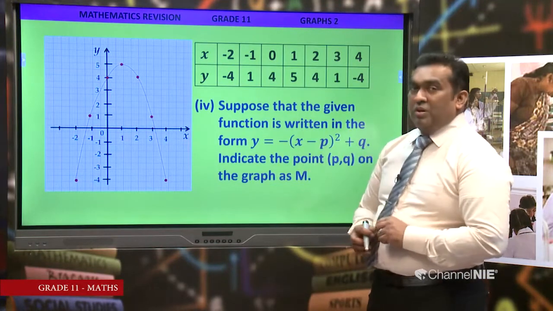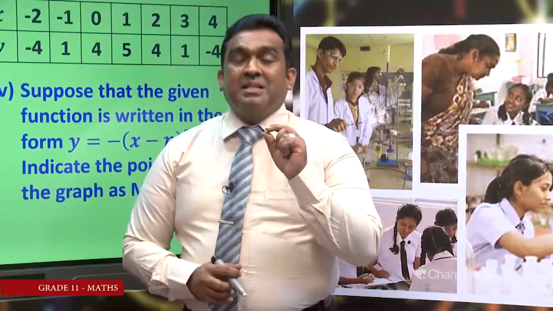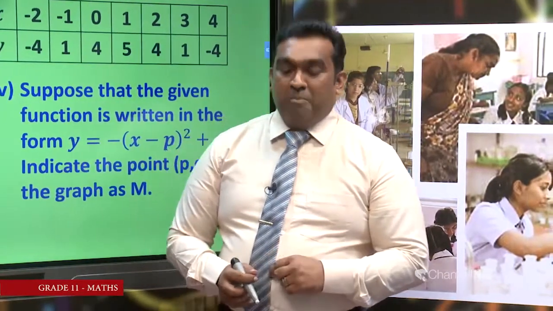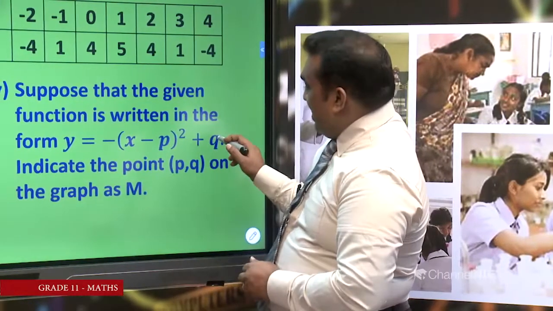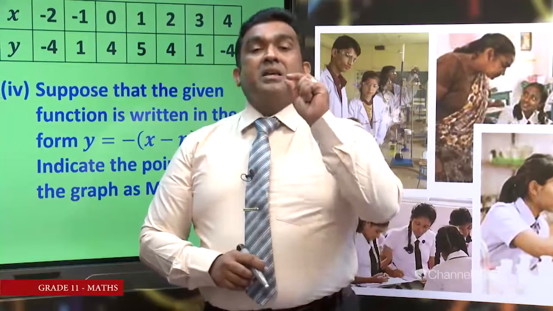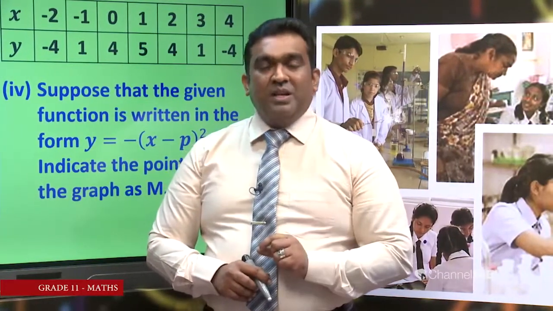What is q? That is the maximum value of the curved line graph. Maximum value means the y coordinate of the highest point.